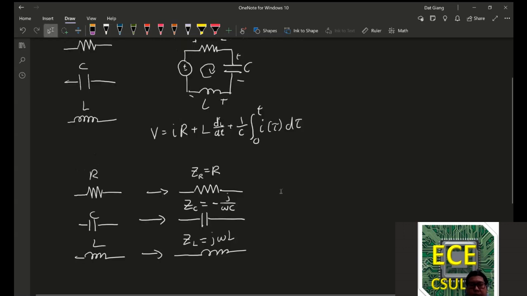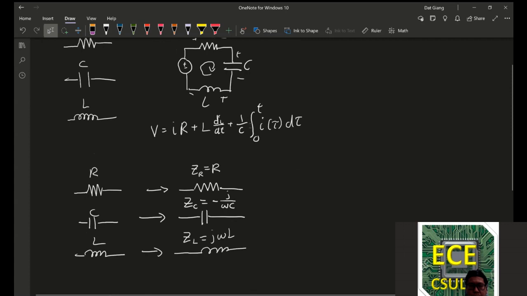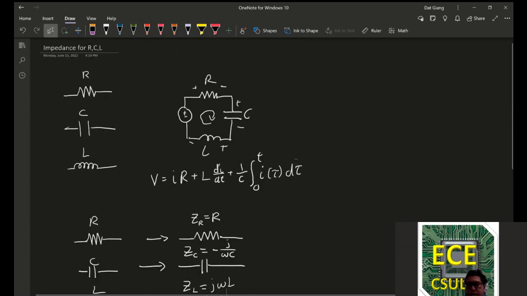From here, you're able to connect them together in series. It's almost like you have them like this. Granted, of course, these aren't resistors. A capacitor is not a resistor, and neither is an inductor.